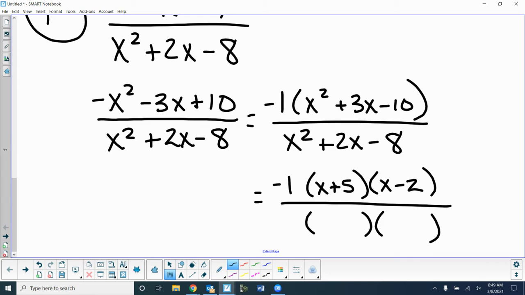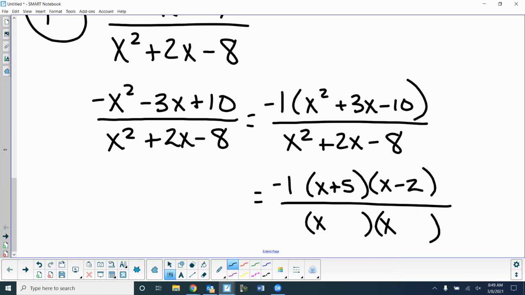Go ahead and factor the bottom. All right, we got x. Something has to multiply to negative 8 and add to equal 2, right?